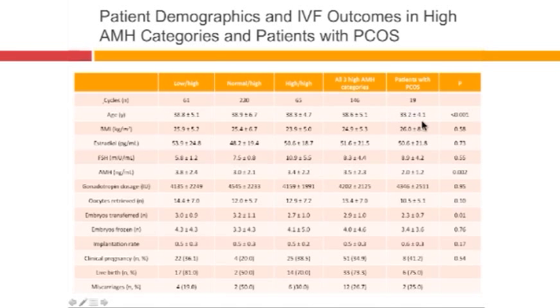And so this subgenotype of FMR1 gives you this kind of ovarian aging pattern that you see quite frequently in women with infertility.